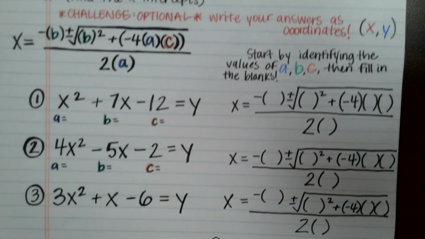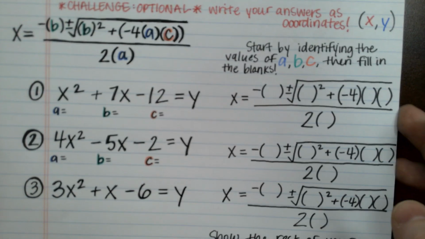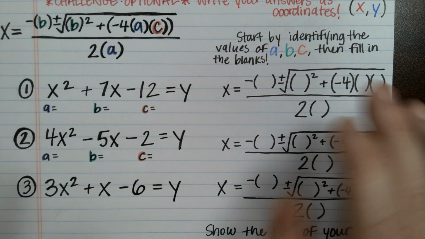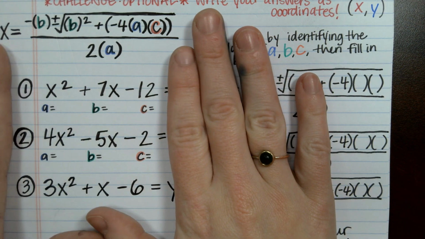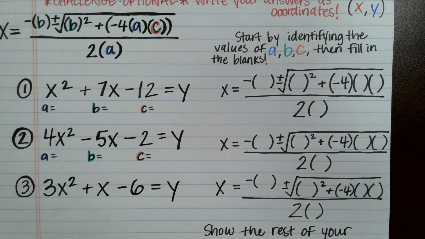So let's look at number 1. Number 1, we have, and I'm just going to read off the quadratic part of the equation. We've got x squared plus 7x minus 12 equals y. So let's see. I'm going to get my colors ready.